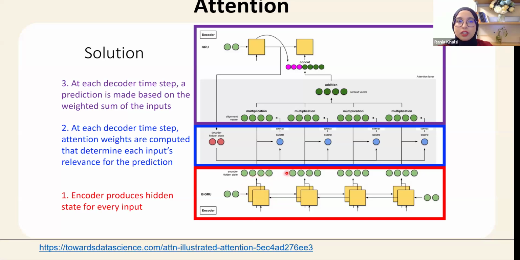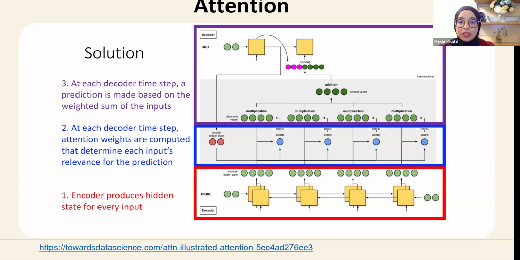Here each of them is represented by, let's say, four numerical values, and this is the size of the encoder hidden state in this case. So we have 4 time steps, corresponding to 4 words. We must compute the attention weights for these 4 tokens.